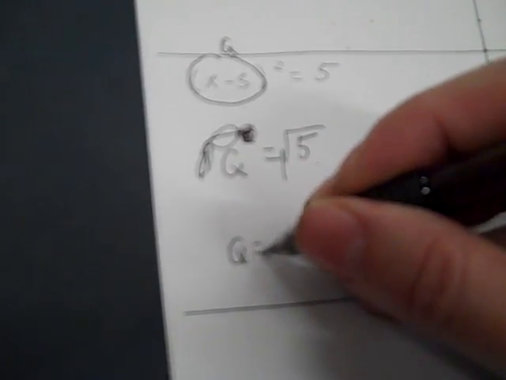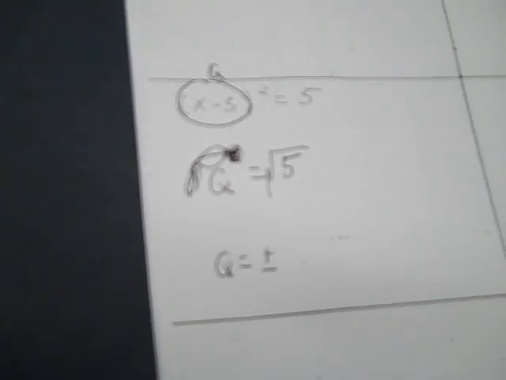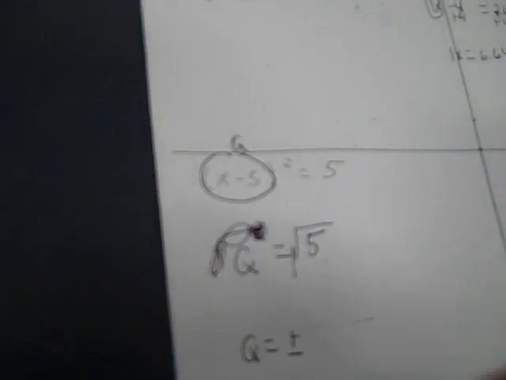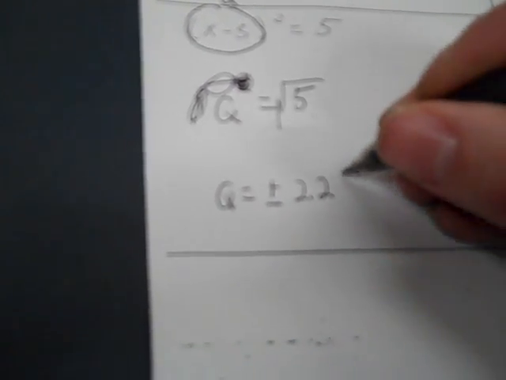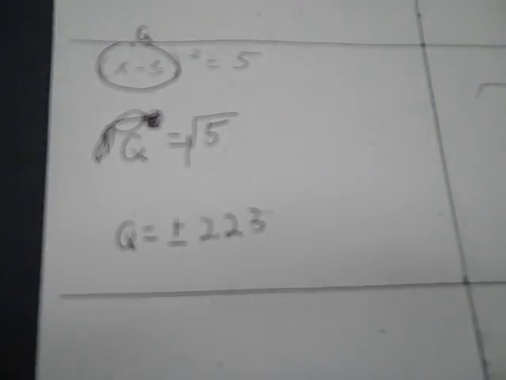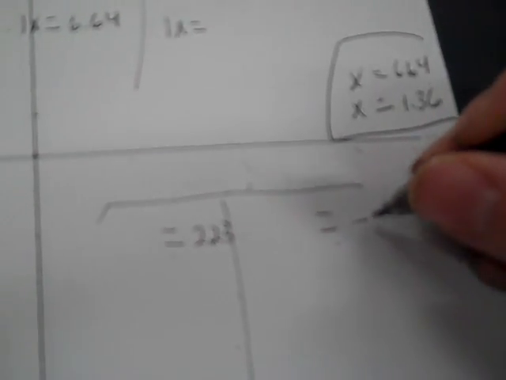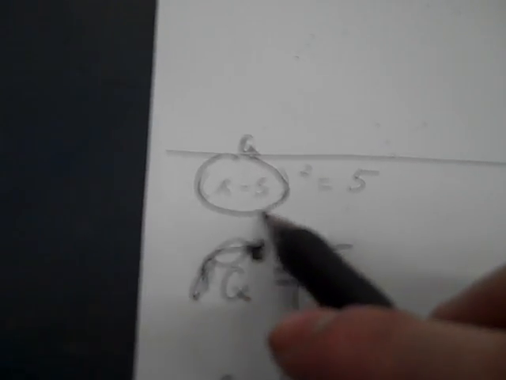Okay, so Q equals, now remember, when I squared a number, it could be the positive or the negative. And I find the square root of 5, and that's 2.24, or 2.23. If you want to put 2.23 or 2.24, it doesn't matter. So the Q is equal to 2.23, or it could be equal to negative 2.23. And then I can bring in the x minus 3, because that's what Q really is.